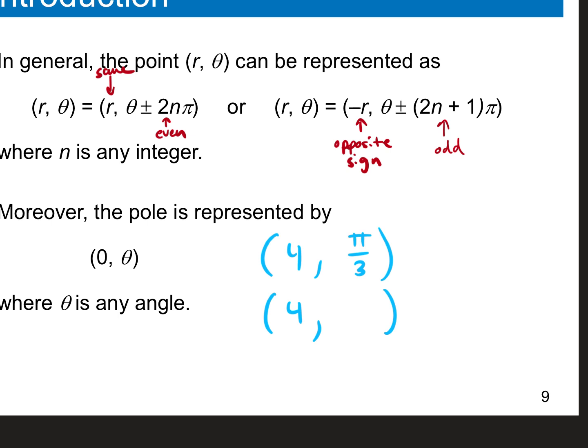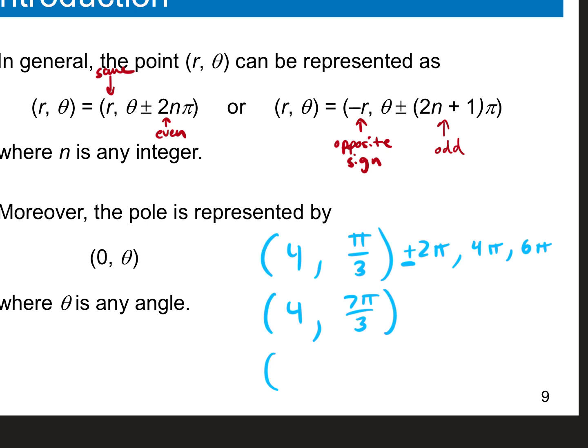Add 2 pi. So we can add 2 pi, so that would be 7 pi over 3. We could also subtract 2 pi. We could also add or subtract 4 pi. You could add or subtract 6 pi. Any even amount of pi's.